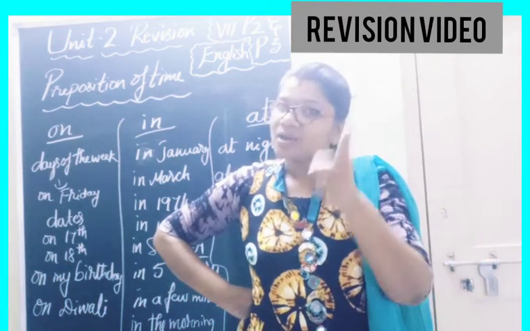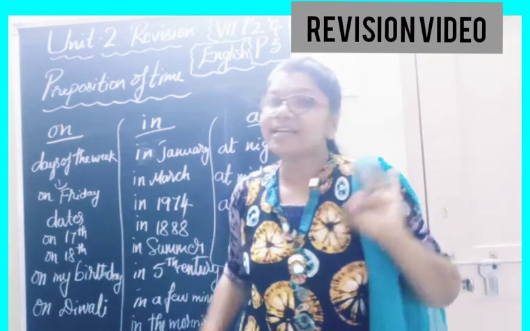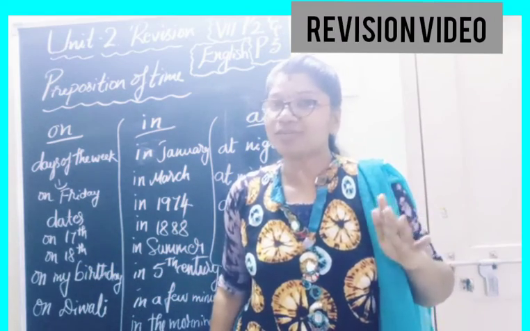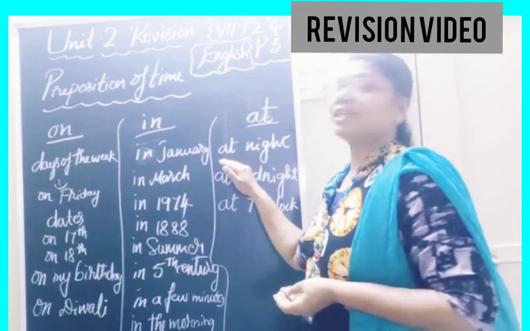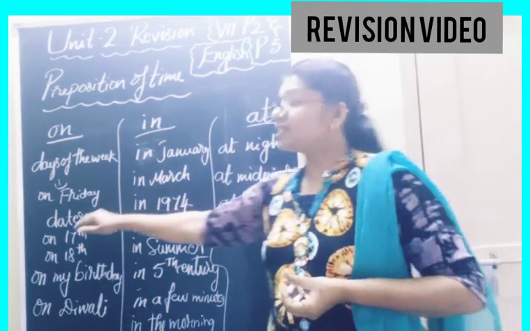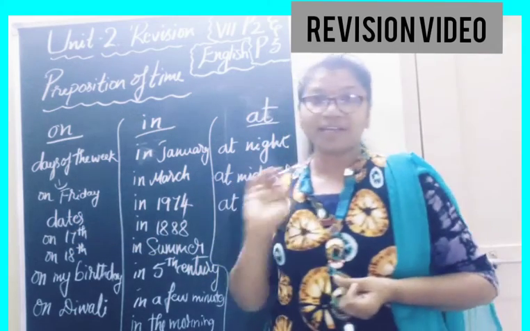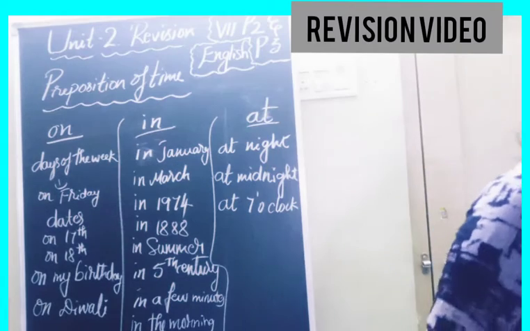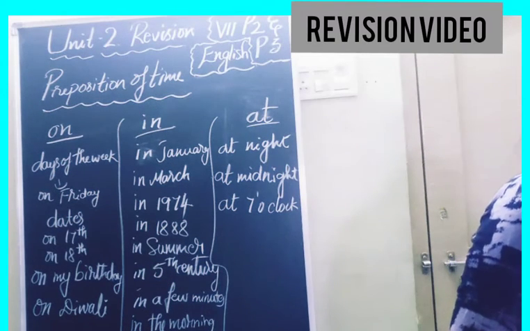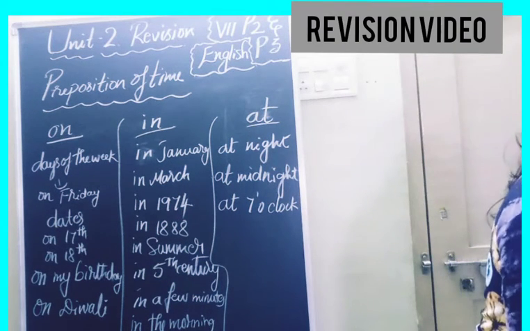Yeah, you are correct. On Friday night. See first what you are using. Night, if you are using it first, then use before that at. And if you are using day, then on Friday night. This you shouldn't forget. And some more examples they have given here.